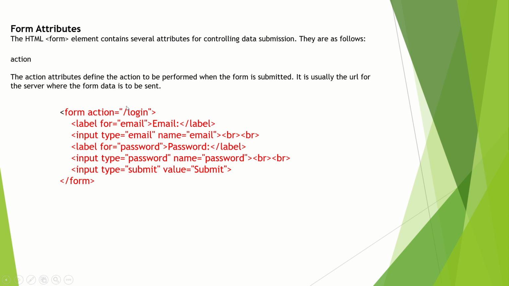Here is a URL for the server, where the action is performed when the form is submitted. This is where it asks for the login, email address and password, and then the application will be submitted.